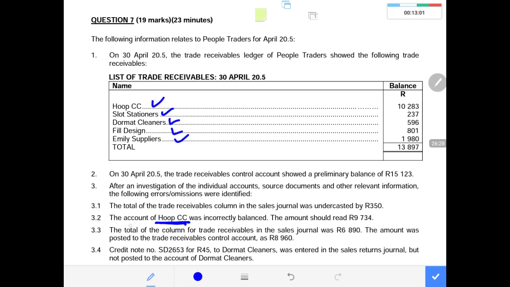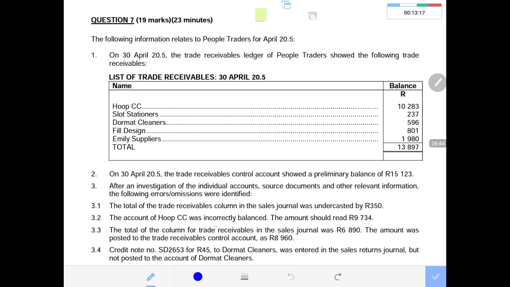So the minute they say the account of Hoop Close Corporation, we are focusing now under our list of debtors. That is very likely the error to be corrected there, unless information states otherwise.